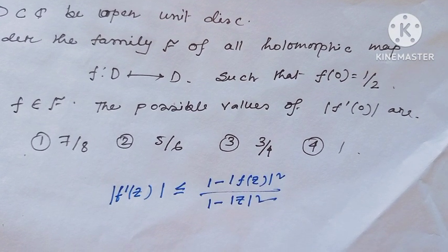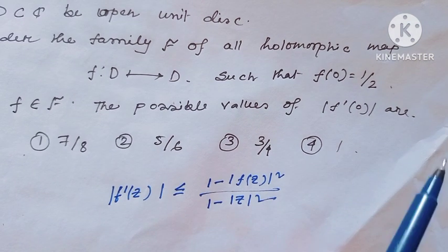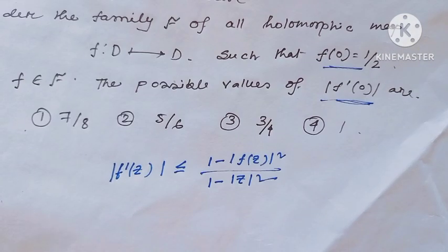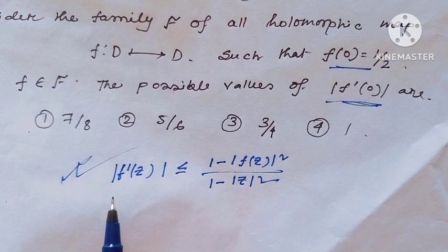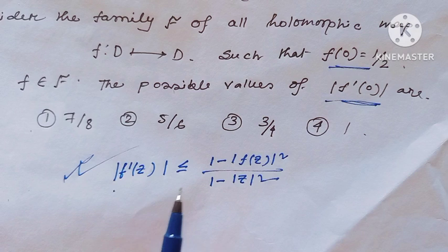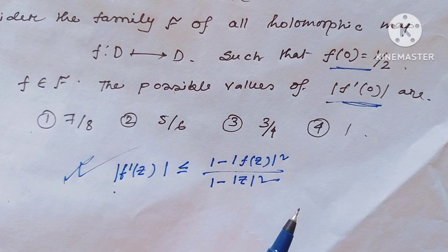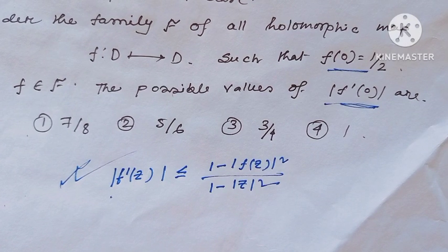Apply the Schwarz lemma here. Since we have to find f prime 0 and f(0) is given, I will apply this rule: modulus of f prime z is less than or equal to (1 minus modulus of f(z) whole square) divided by (1 minus modulus of z whole square).